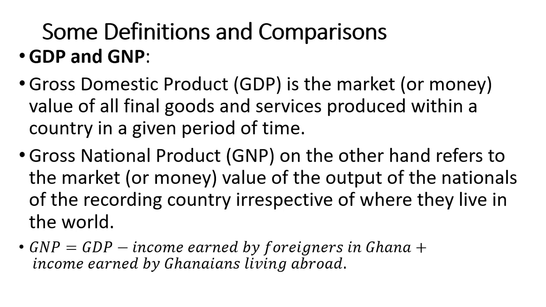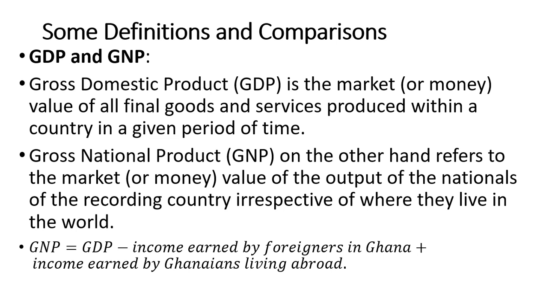Say for instance Ghana, we take the GDP of Ghana for a particular year and subtract the income earned by foreigners in Ghana in that particular year, which measures their contribution to Ghana's GDP. Then we add the income earned by Ghanaians living outside Ghana. So Ghanaians who are living abroad, we add their income to the GDP minus the income earned by foreigners. When we do that, then we arrive at the GNP.